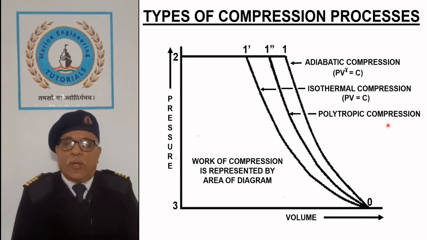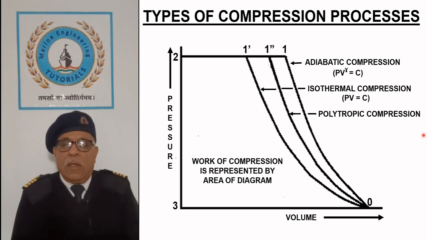Actual or polytropic compression process lies between isothermal and adiabatic processes. It follows the law PV raised to power n is constant, where n has value of 1.3 for air.